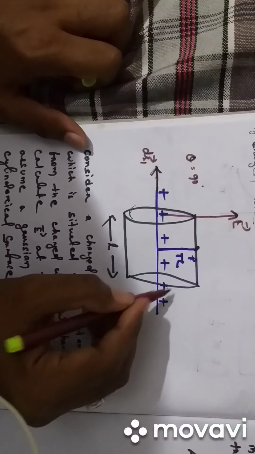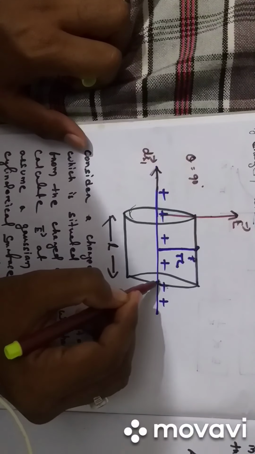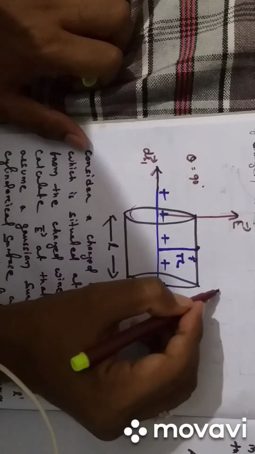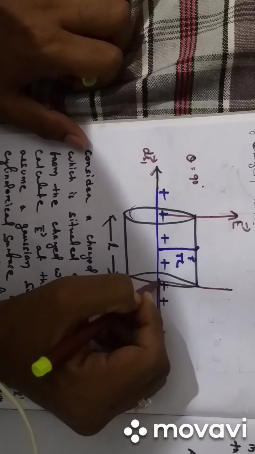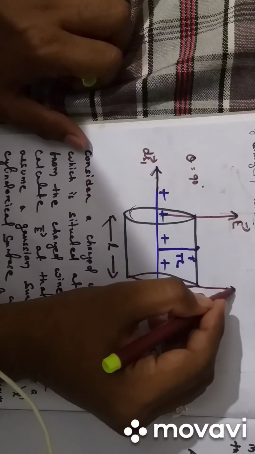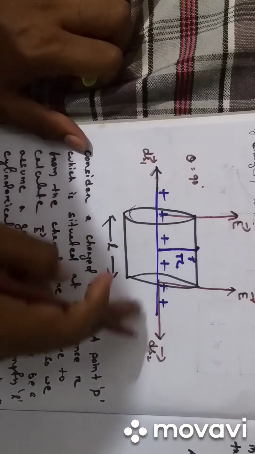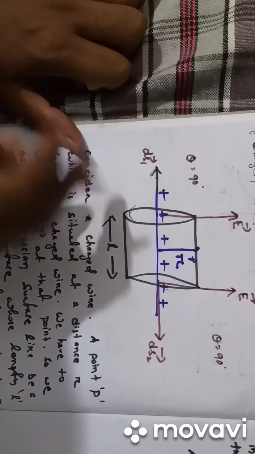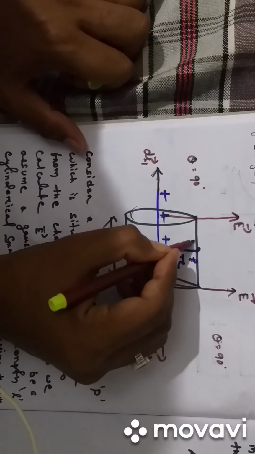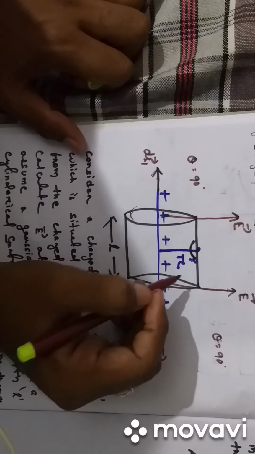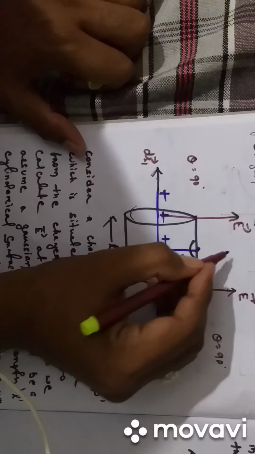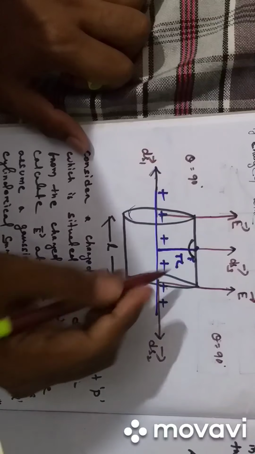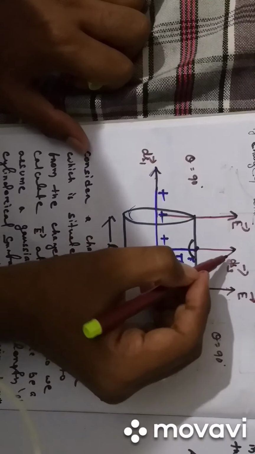Similarly, in the second surface, whose area vector is also perpendicular to that area, represented as ds2 vector, the electric field intensity acts radially outward due to the positive charge, represented as E vector, and the angle between ds2 and E vector is theta equal to 90 degrees. In the third surface, the curved surface, if we consider a small region, the orientation of that small surface acts normal, that is the area vector represented as ds3 vector, and the electric field intensity is also along the direction of the area vector.